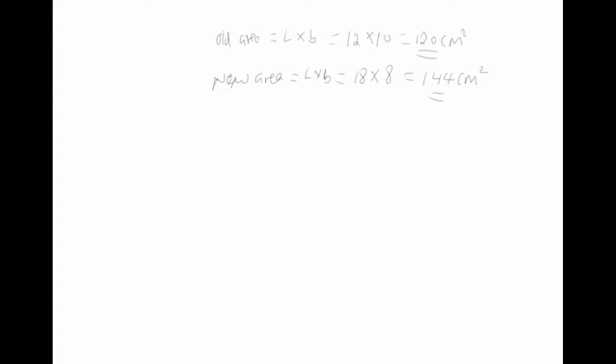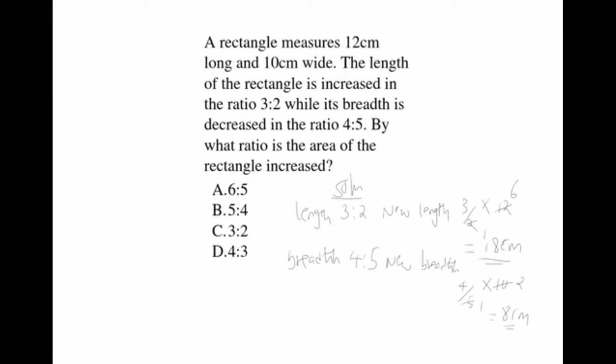Then the ratio in which the area was increased is 144 to 120. When we divide, we get 6:5. So this is the ratio in which the area was increased. Therefore, the answer is A.